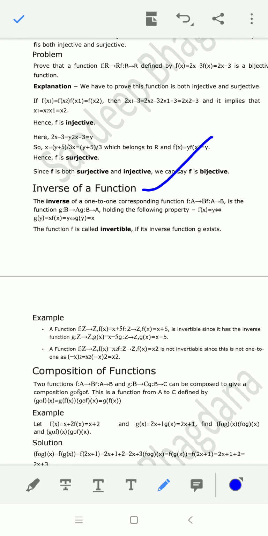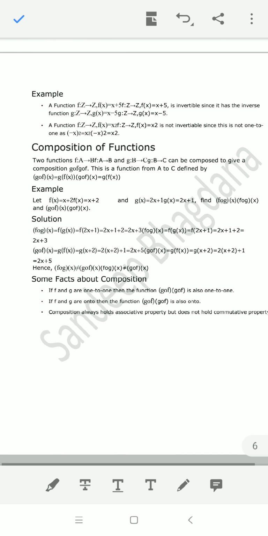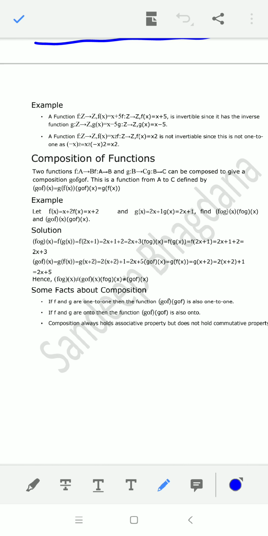A function f is called invertible only if such a function g exists. Composition of functions. The two functions, as represented here, can be composed to give a composition from A to C defined by this. Look here, this is the example and this is the solution.